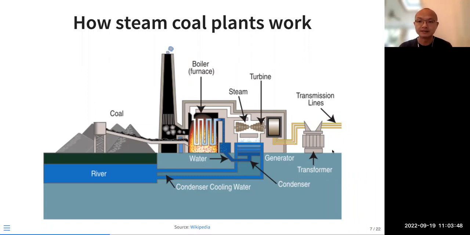So this is the design, and the key process is to really get the combustion and improve the efficiency, and convert it to steam, which drives the turbine to generate the electricity.